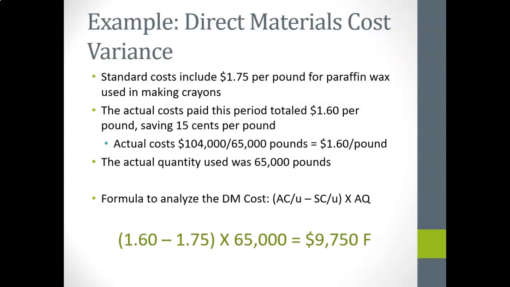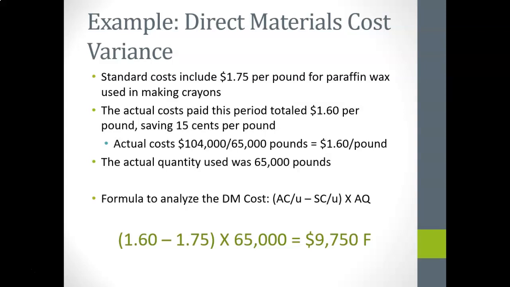And remember, our formula for a cost variance is the actual cost, and that's per unit, minus the standard cost, and again, that's per unit. And we're taking that difference and multiplying it by the actual quantity. So here we have our actual cost per unit is $1.60 per pound of paraffin.